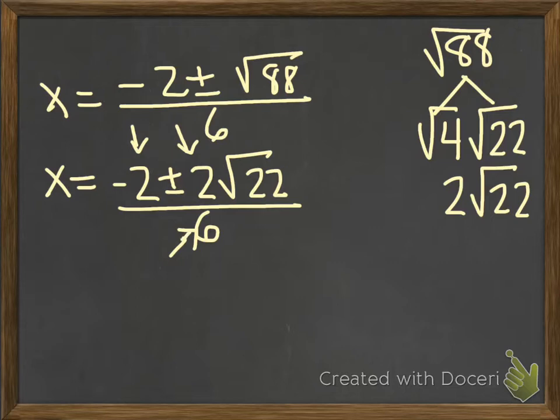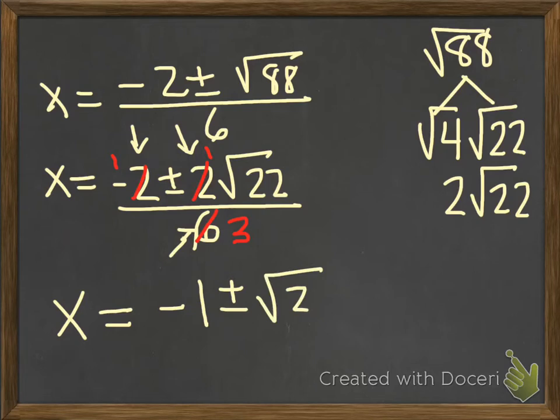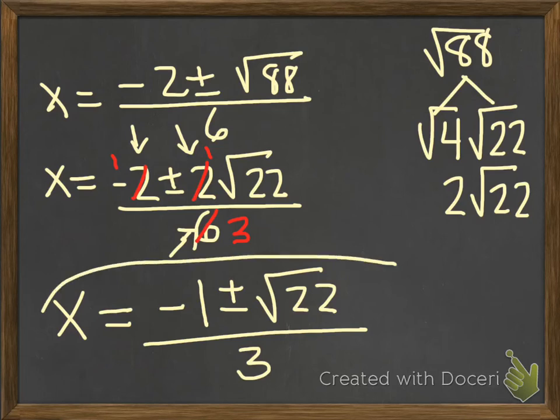Yes, there is. 2 goes into all of them. So 2 goes into negative 2, negative 1, 2 goes into 2, 1, 2 goes into 6 3 times. So the answer, once everything is reduced, is negative 1 plus or minus radical 22 over 3. We don't have to put the 1 in front of that. So that is the answer for that problem.